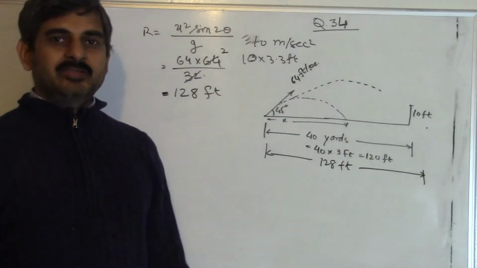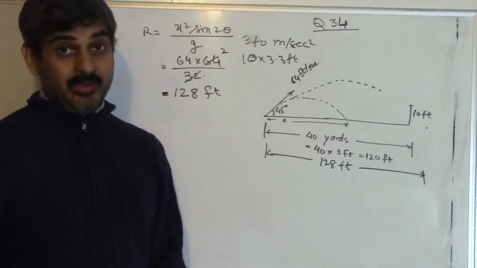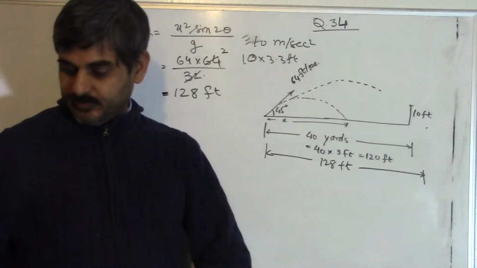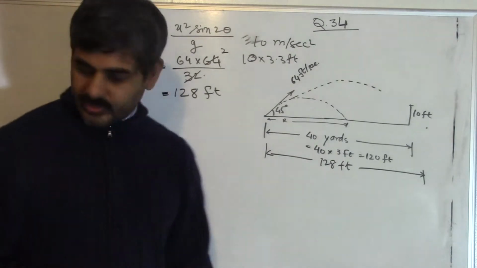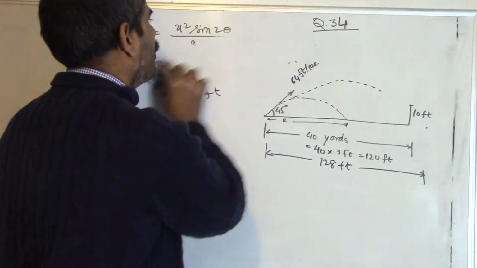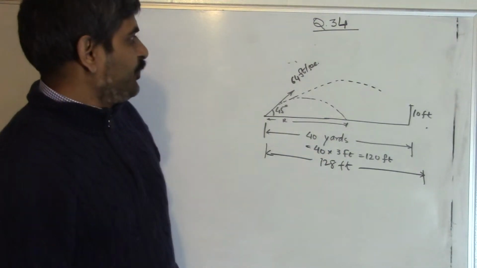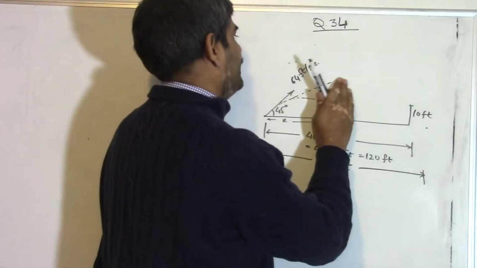But is it necessarily going into the goal post? Maybe it's not. Think about it for a second. Under what condition will it enter the goal post? Let us say its trajectory is like this.